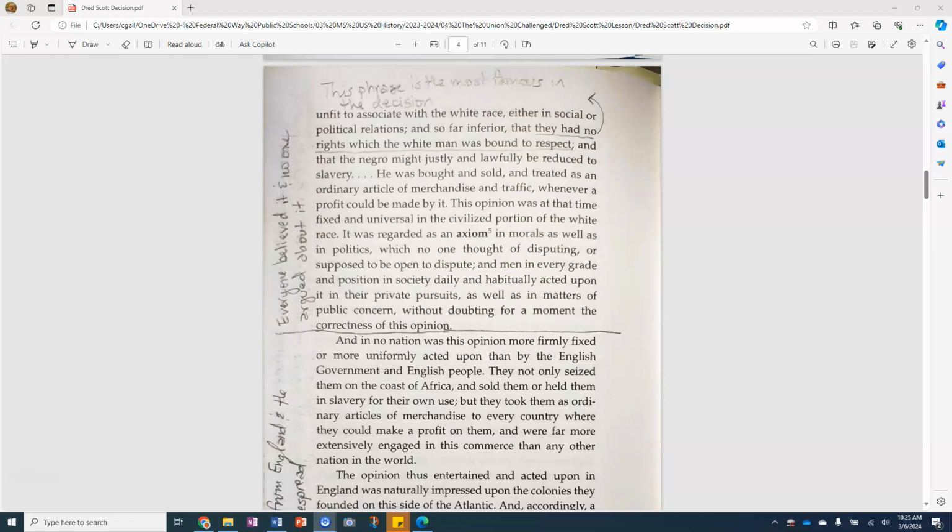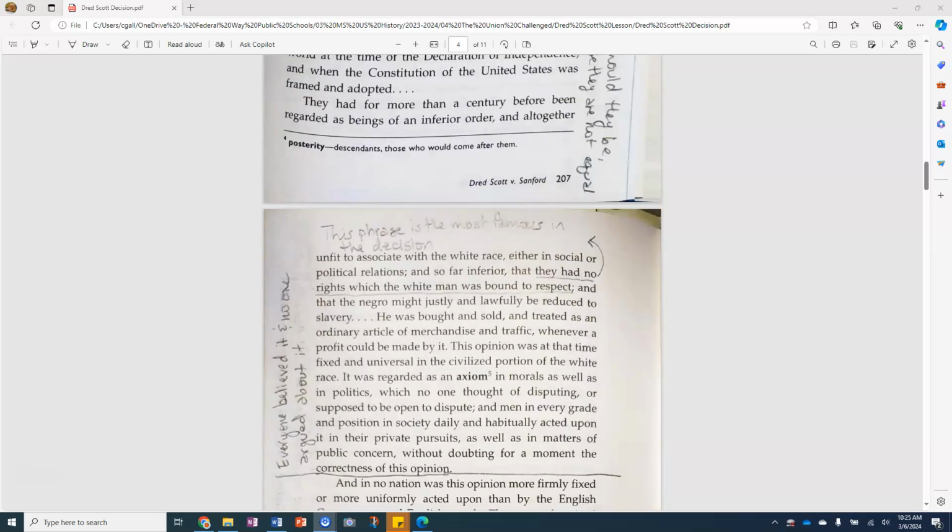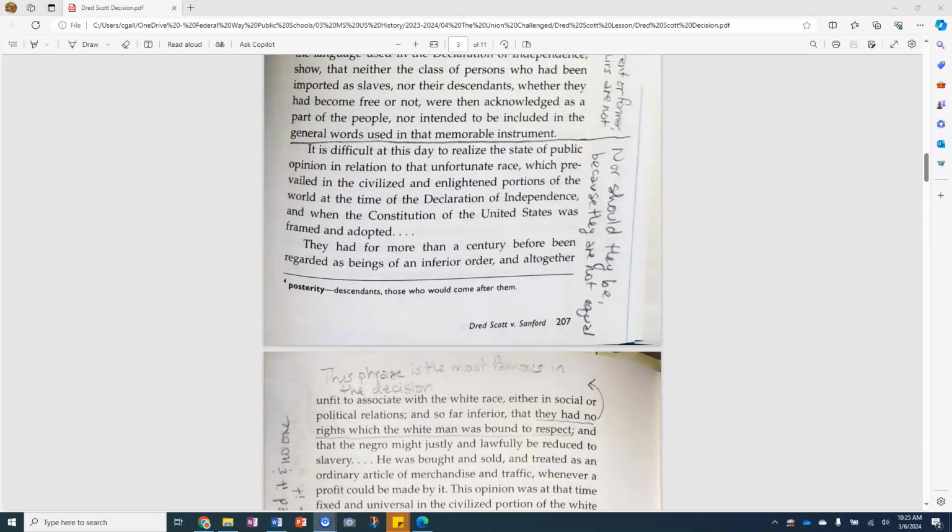Okay, so we're going to go back up here, right? He says it's hard to know today what the public opinion was at the time of black people. But he says for more than a century they had been regarded as beings of an inferior order. So they are, again, he's saying, lesser people.